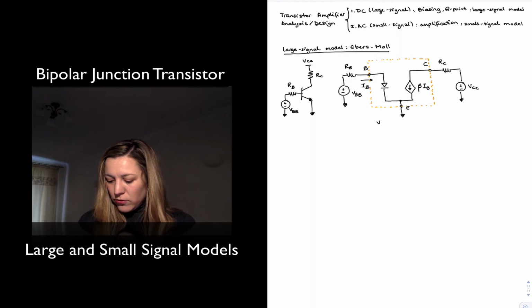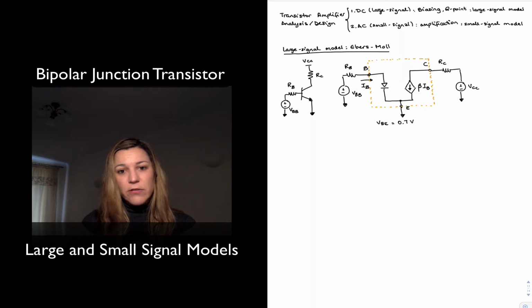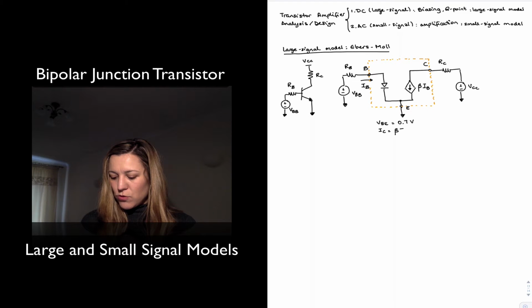Within this circuit, things that we know just from the model is that the base emitter voltage is going to be around 0.7 volts, because we're assuming we're in the linear region of operation, which is going to be the case when we are designing or analyzing amplifier circuits. It's forward biased. And then my IC current is equal to beta times IB, beta being the forward current gain.